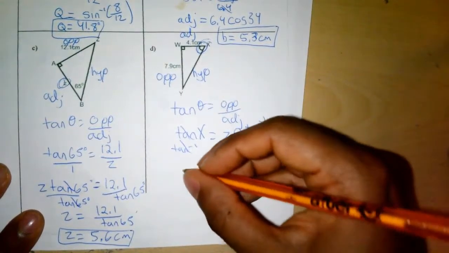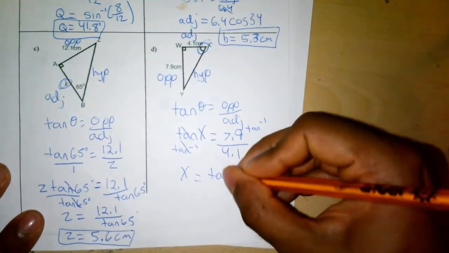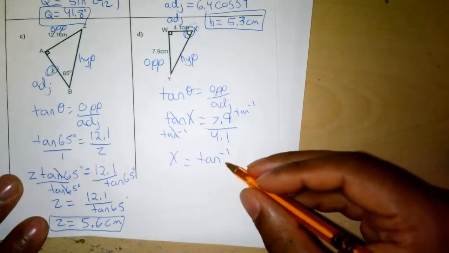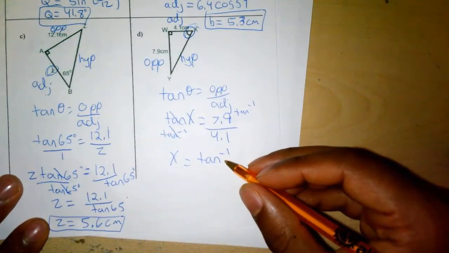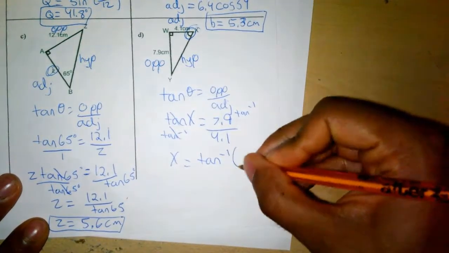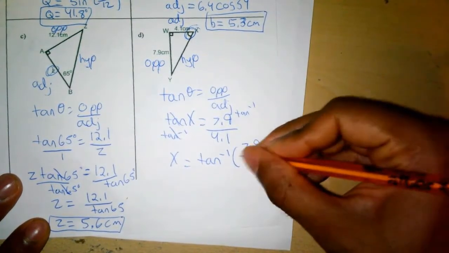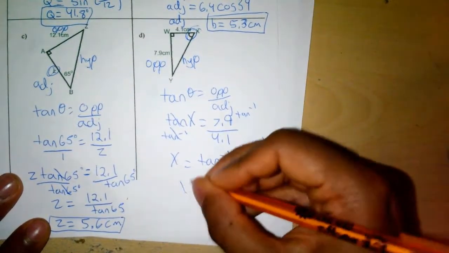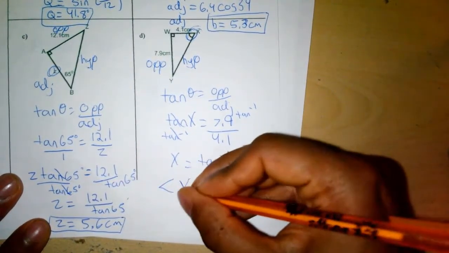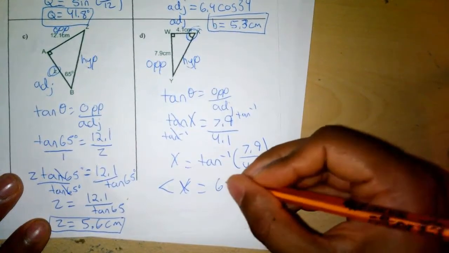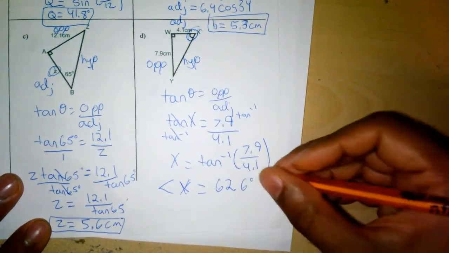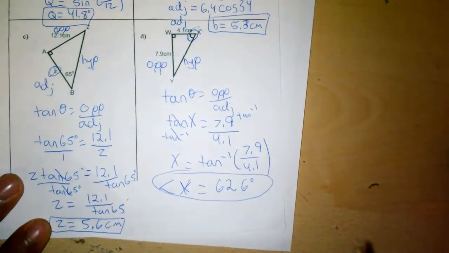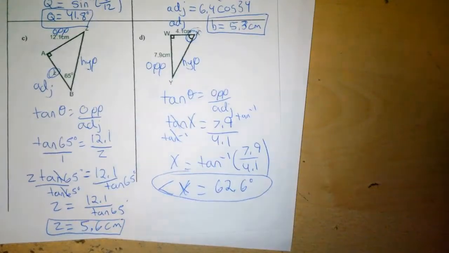To rewrite it, x equals arctan of the ratio. To get the arctan button, it's shift or second on your calculator, depending on which calculator you use. Then you just do that on this ratio, and you should get angle x is equal to 62.6 degrees. Okay, good.